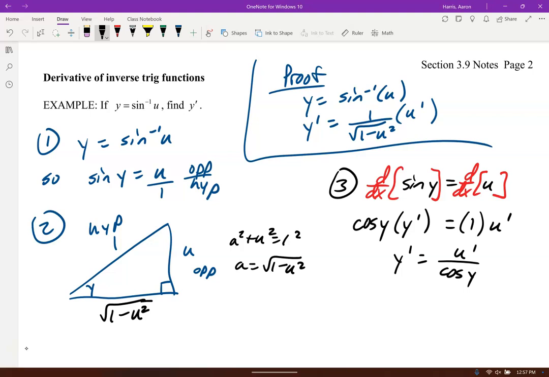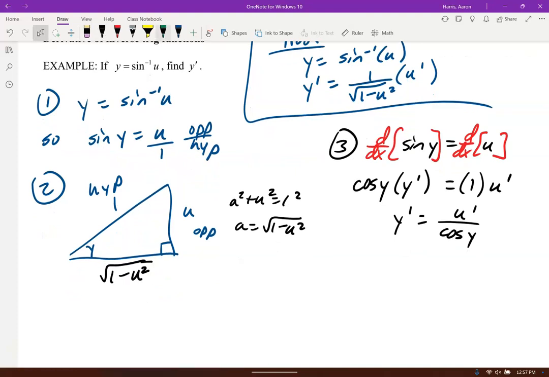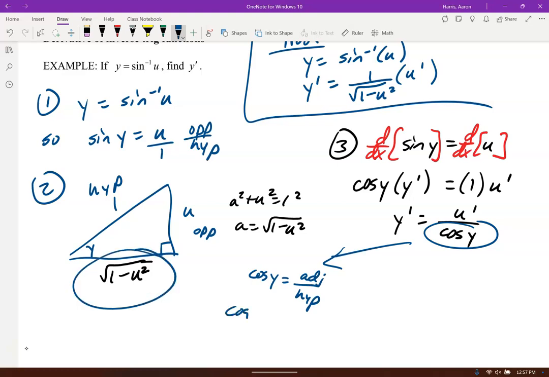All I got to do is find the cosine of y. So I go over to the side and say, well, that's adjacent over hypotenuse. Here's my adjacent side. So the cosine of y would be the square root of 1 minus u squared over the hypotenuse of 1. So the cosine of y is just the square root of 1 minus u squared.